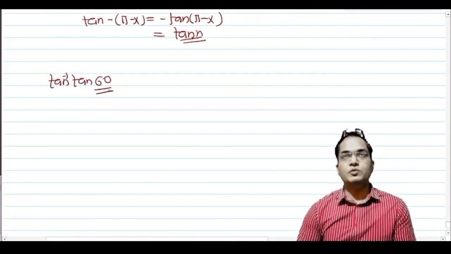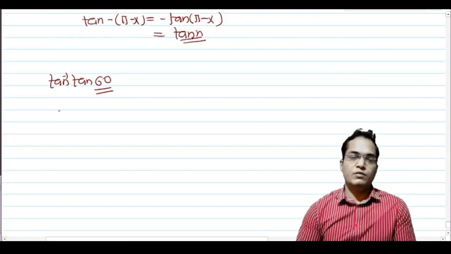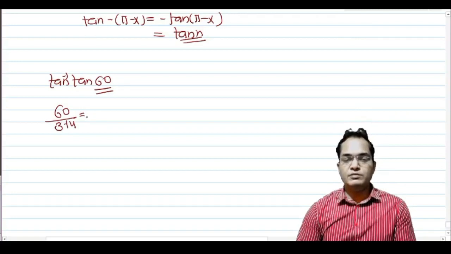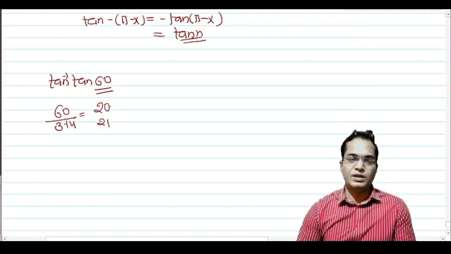Then what can we do? How should we approach this problem? First of all, 60 divided by 3.14, and we have to reach the nearest point. I think 20, 21 and 19 you can say. Let it be 20. Got it?